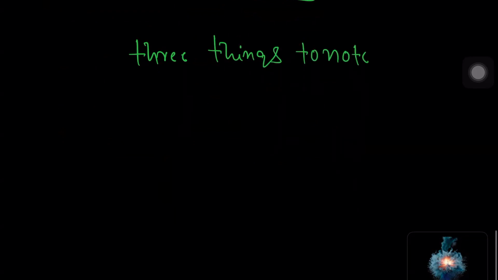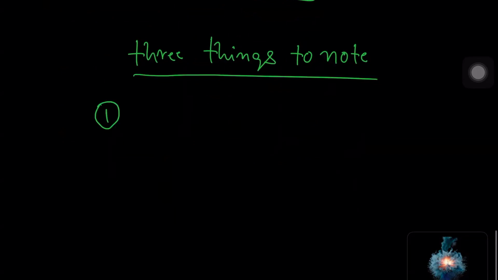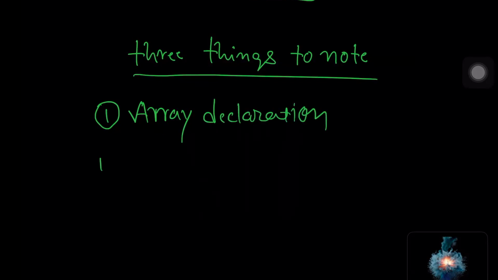Okay. Now there are three things that we are supposed to remember. The first one is array declaration; you should be clear about array declaration. We will see how to declare an array.